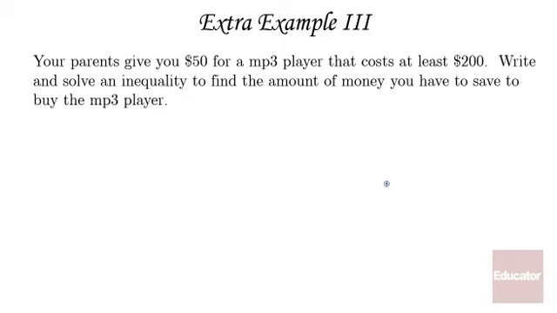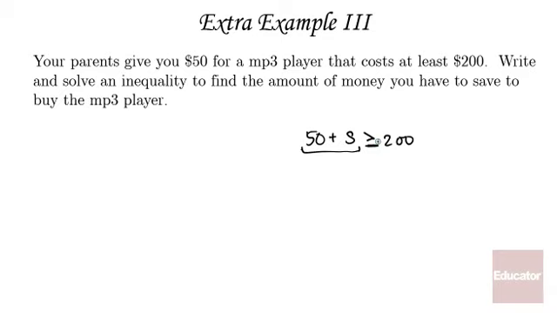So you already have $50, and you need to save S more dollars. S for save. And at the very least, it should equal 200. It can equal more than 200, but at the very least, it should equal 200. You could save more than $200 and go to the store with more than $200, but you could also have exactly $200 and be able to buy the MP3 player.